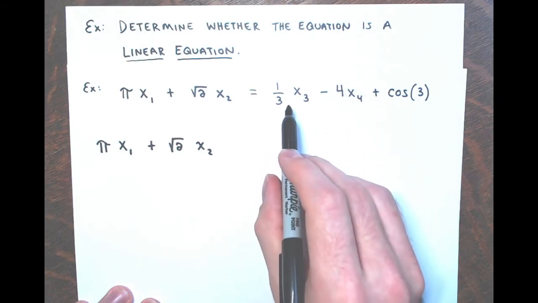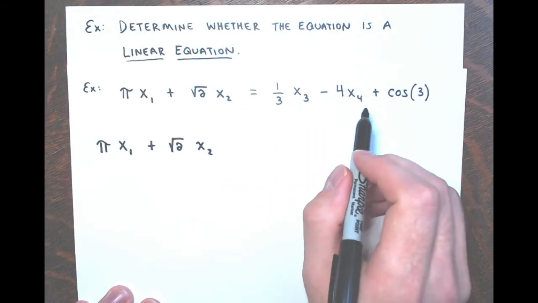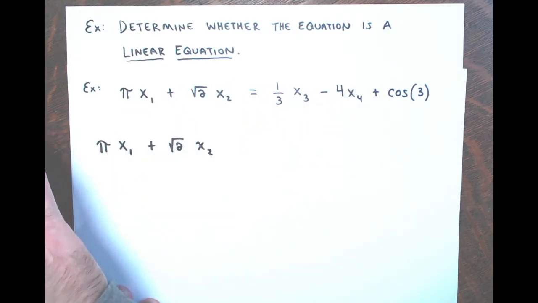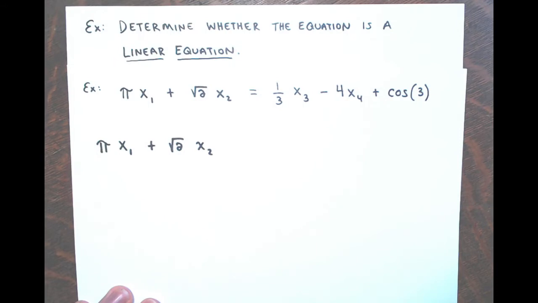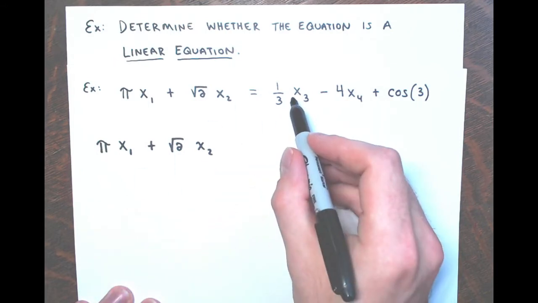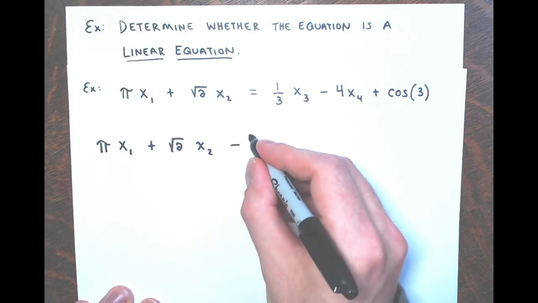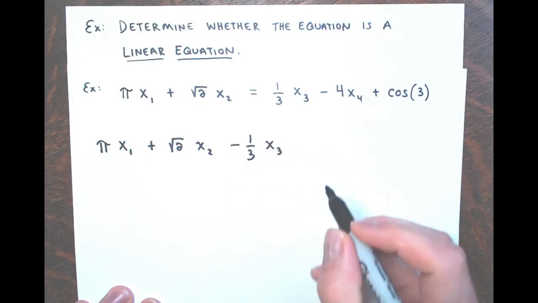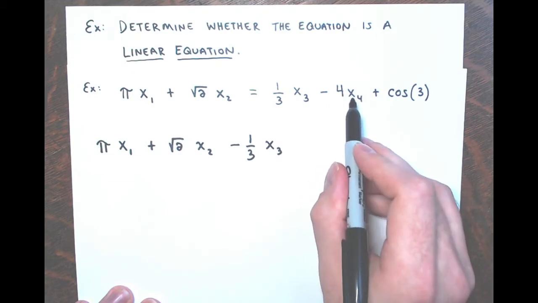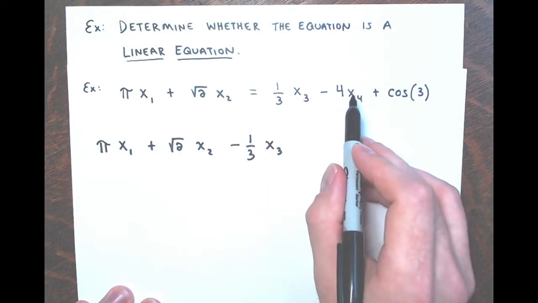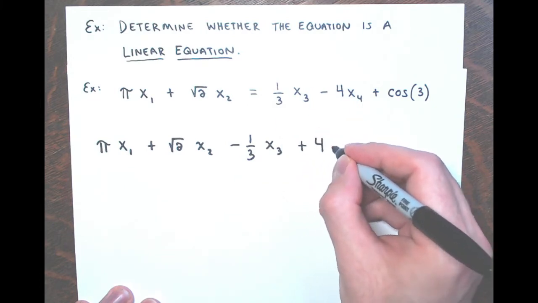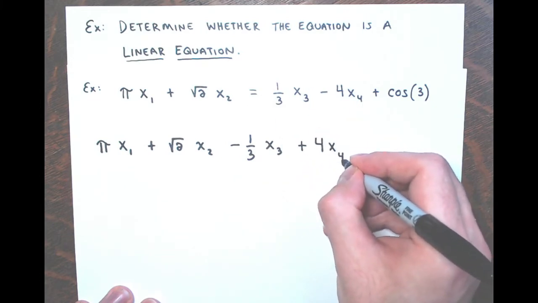And then I'm going to subtract the terms with variables to get them all on the same side, to see if I can put it in that form from the definition of a linear equation. I'd have to subtract 1/3 times x3, so I have negative 1/3 times variable x3. And then the minus 4x4 is on the right side right now. I would add 4x4, so plus 4 times x4, to put it on the left side of the equal sign.